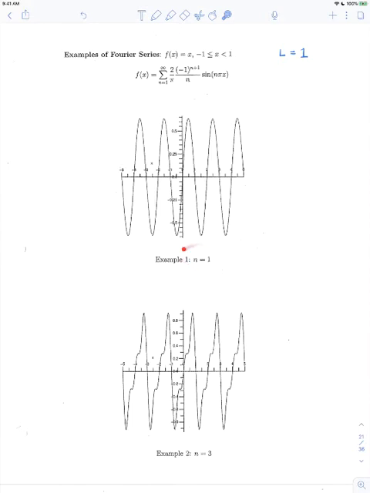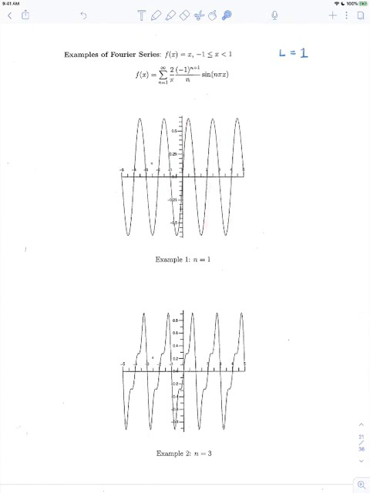So here we're going to just add in one term. If you just add in one term, n equals 1, then it's going to be 2 over pi times minus 1 squared, so that's positive 1, over 1. So it's going to be 2 over pi times sine of pi x. So it's a sine function. It looks like a sine function, as you can see here.